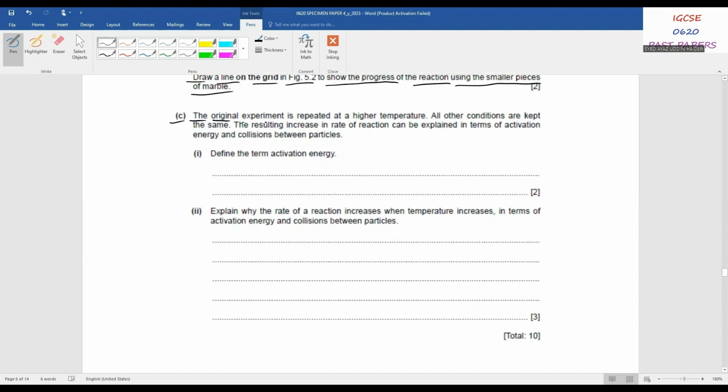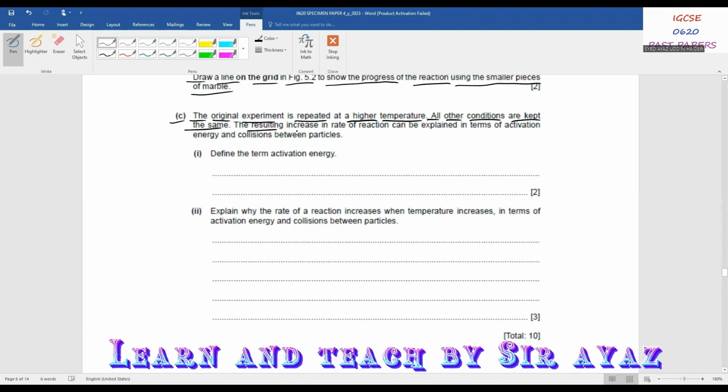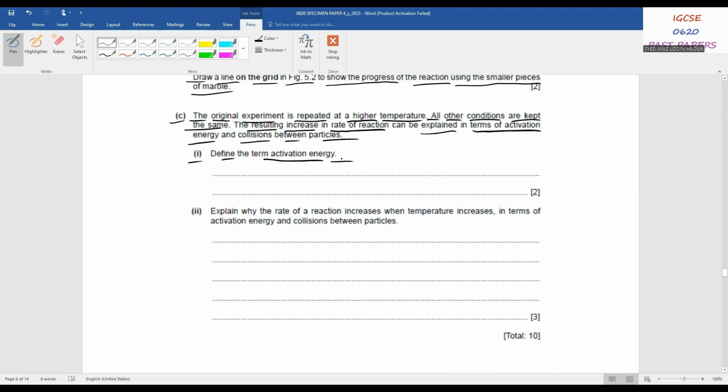C. The original experiment is repeated at a higher temperature. All other conditions are kept the same. The resulting increase in rate of reaction can be explained in terms of activation energy and collisions between particles. Define the term activation energy. It's the minimum energy required to activate the reacting particles.